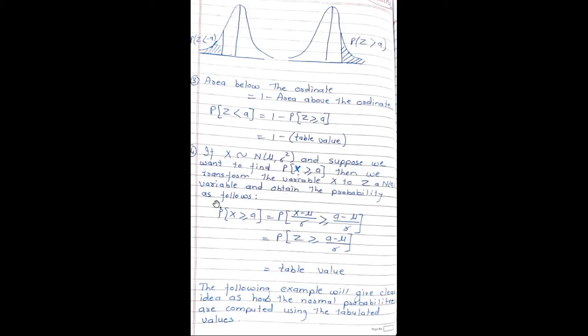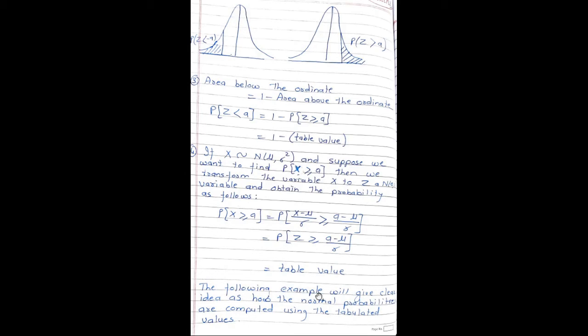So probability x greater than or equal to a is equal to probability x minus mu upon sigma greater than or equal to a minus mu upon sigma. We can write this as probability z greater than or equal to a minus mu upon sigma, which is equal to the table value.